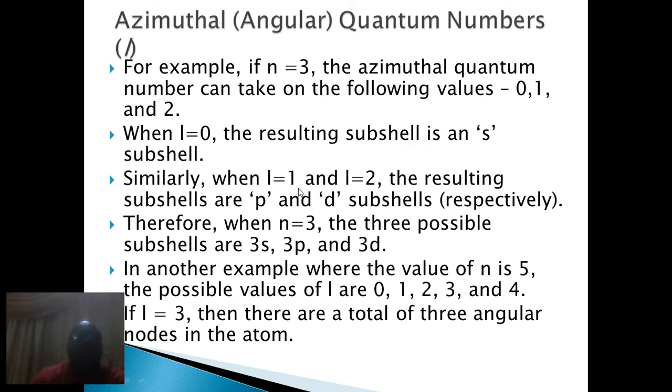Similarly, when l is 1 and l is 2, the resulting subshells are p and d orbitals, respectively. Therefore, when n is 3, the 3 possible subshells are 3s, 3p, and 3d. In another example, where the value of n is 5, the possible values of l are 0, 1, 2, 3, and 4. If l is 3, then there are a total of 3 angular nodes in the atom.